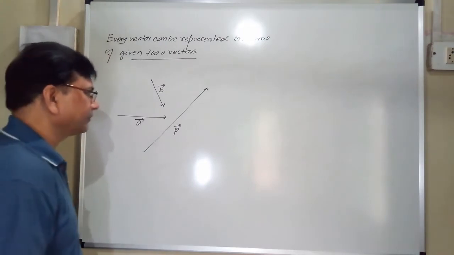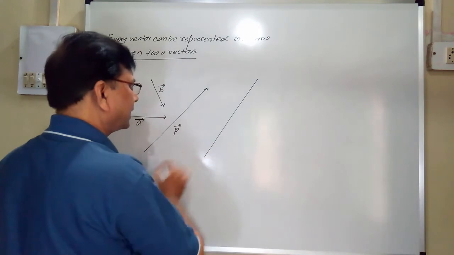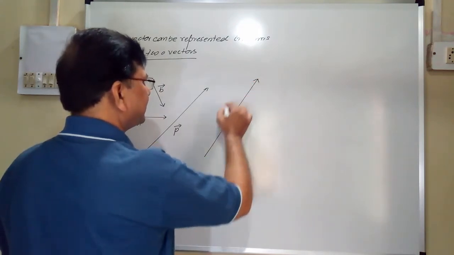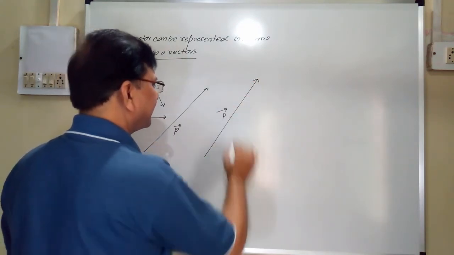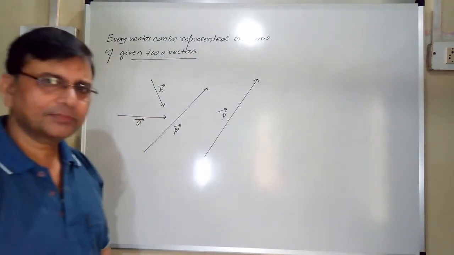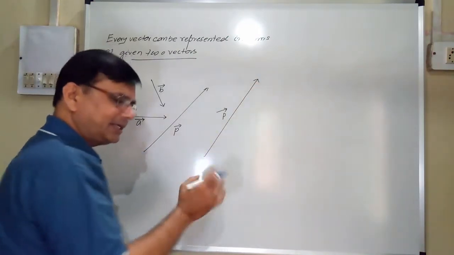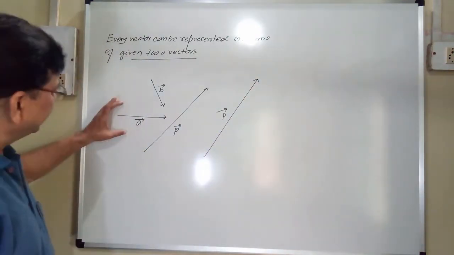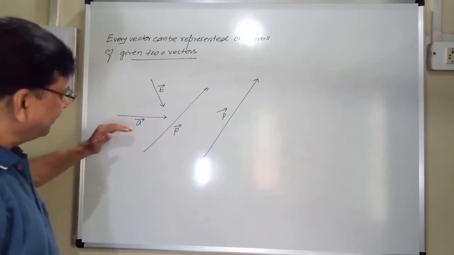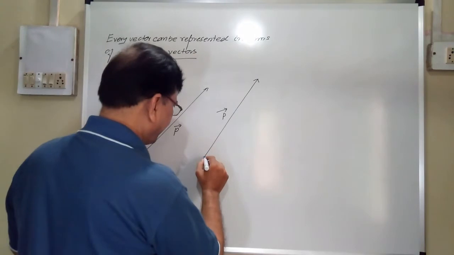See, I will draw the vector P first. This is the vector P. These two vectors are given. So we will draw from the tail or from the head, either of these two we can select. This vector A, parallel to this vector, we will draw a line.